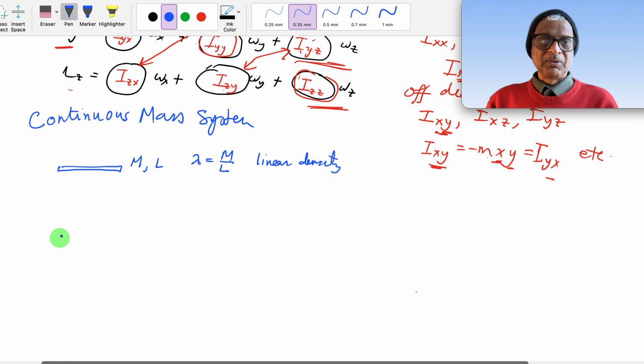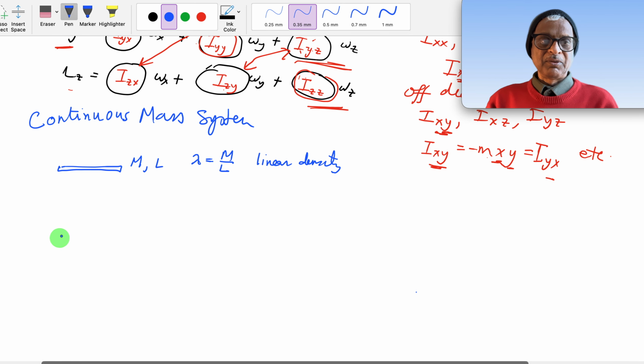And of course, if I sum this up, then I'm going to put Ixx, and this will be the formula like that. But the dm here, because the system is like that, how much mass there is depends on dy. So dm will be simply lambda times dy. This is called formally writing it.